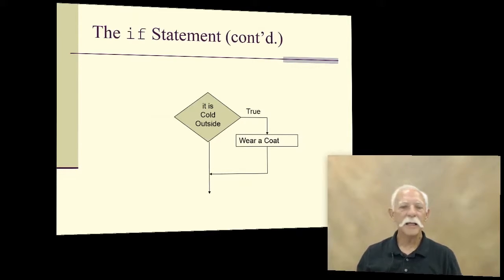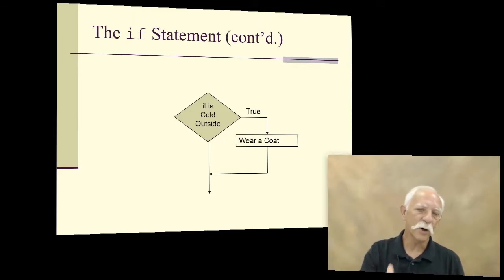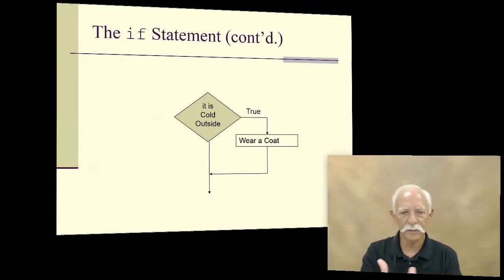In the if statement, we're going along in the programming. Let's say you're getting dressed in the morning, and somewhere along that process of getting ready to walk outside, you have to answer the question, is it cold outside? If the statement, it is cold outside, is true, then you're going to wear a coat.